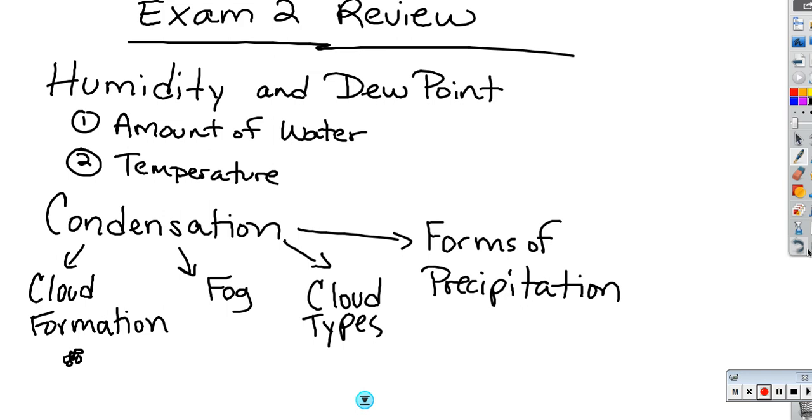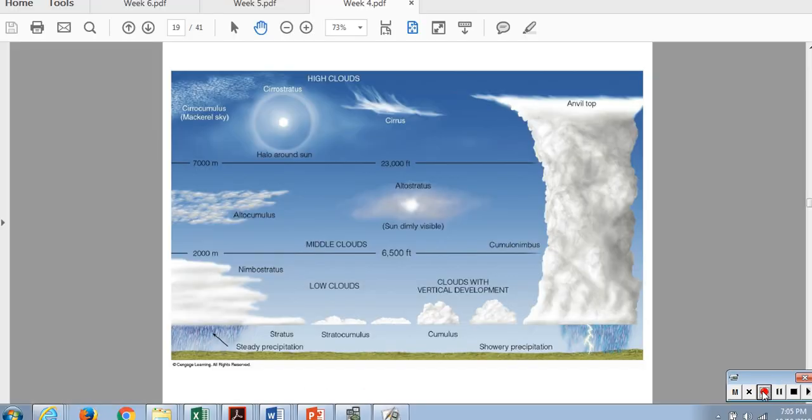So let's review which types they are, and hopefully this will be helpful. So we're going to separate the different heights into high, medium, and low.